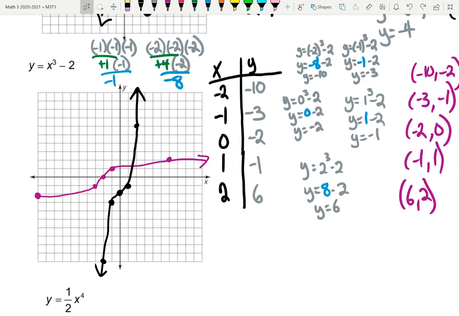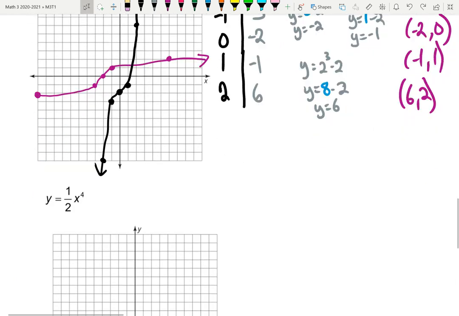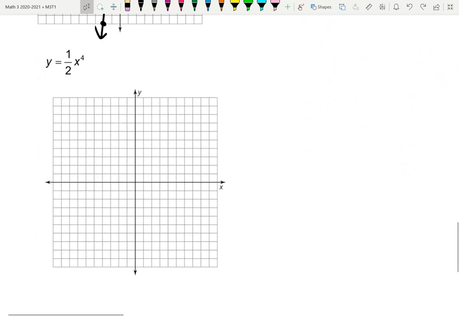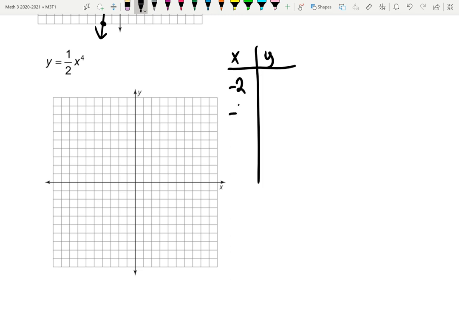All right, one more and practice makes perfect. Oh my goodness. To the 4th power. So what I'm going to do is plug in my numbers when it's -2, when it's -1, when it's going to be 0, 1, and 2.